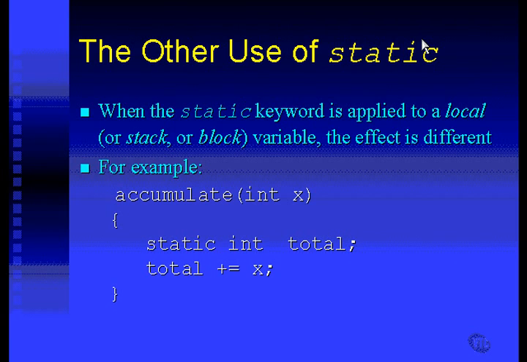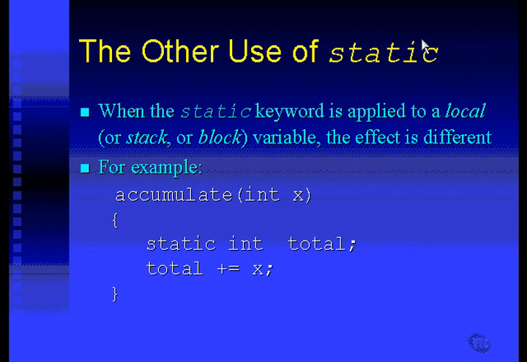Now, what does that mean exactly? Well, by placing the word static there in front of the definition of total, I've actually specified that the variable total shall retain its value between calls to the function accumulate.